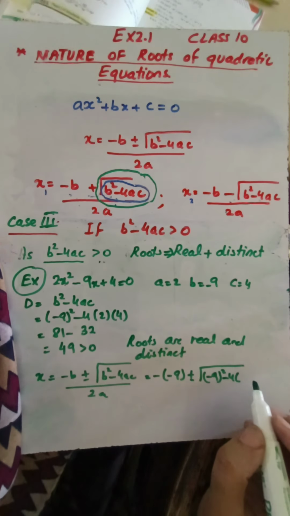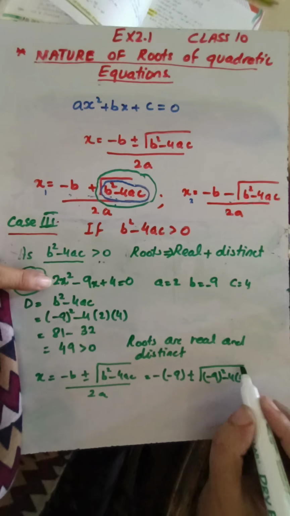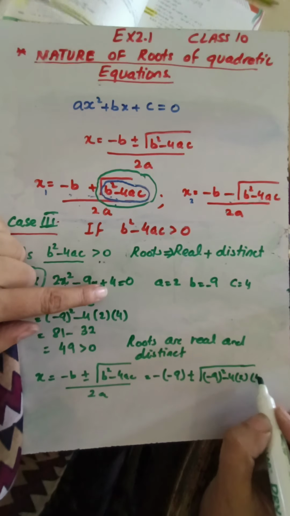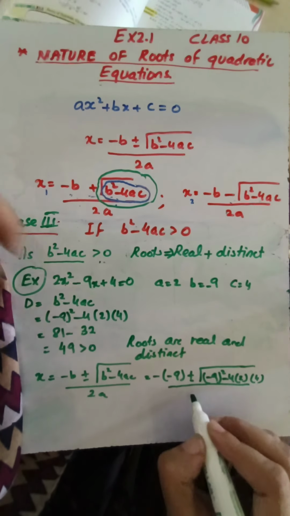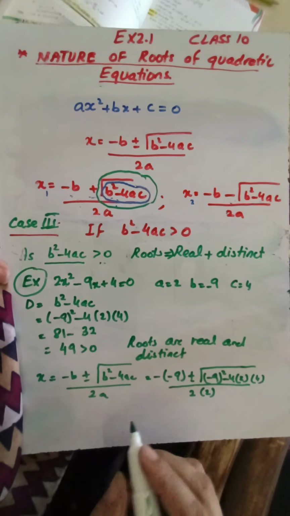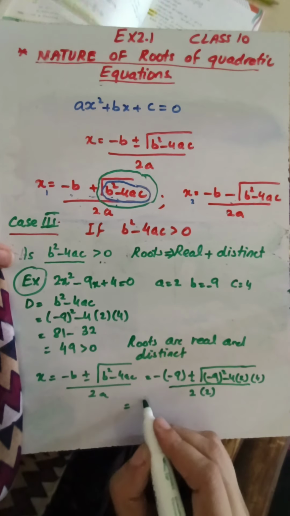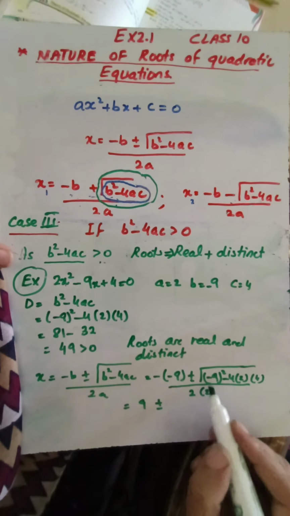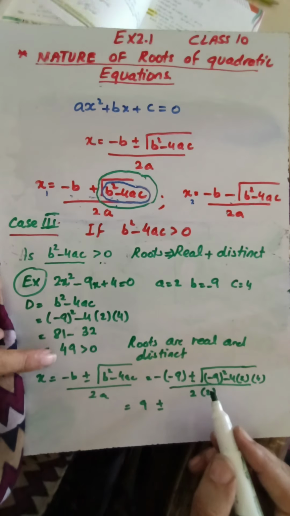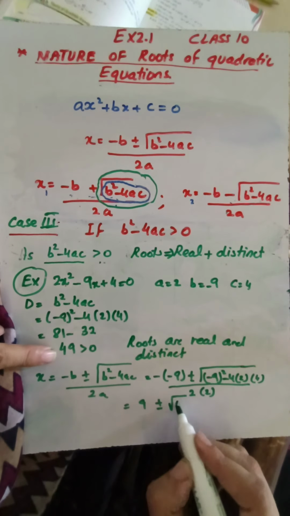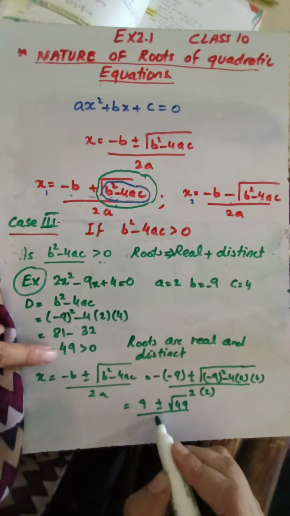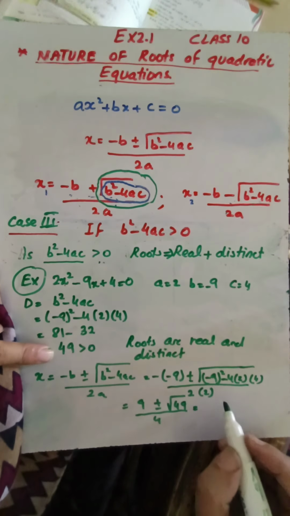What is a? A is 2, and c is 4, over twice of 2. Okay, this will be plus minus, and over here, as we have calculated, this is equal to 49, and the square root of 49 is 7.